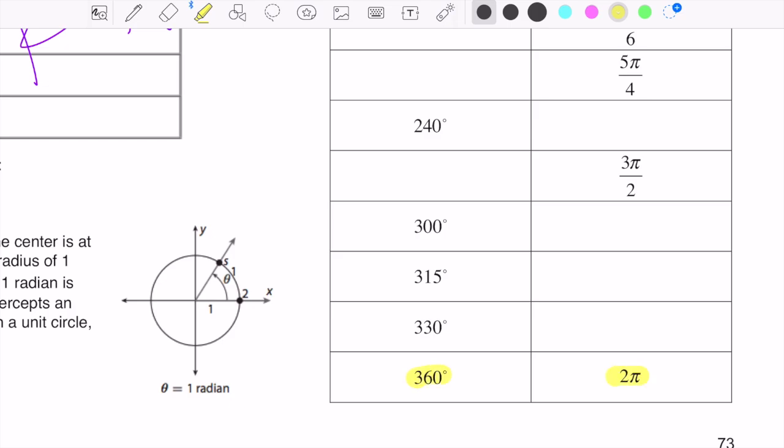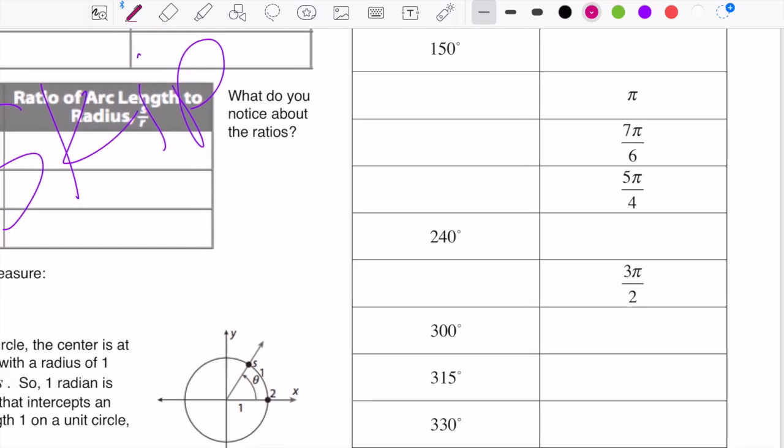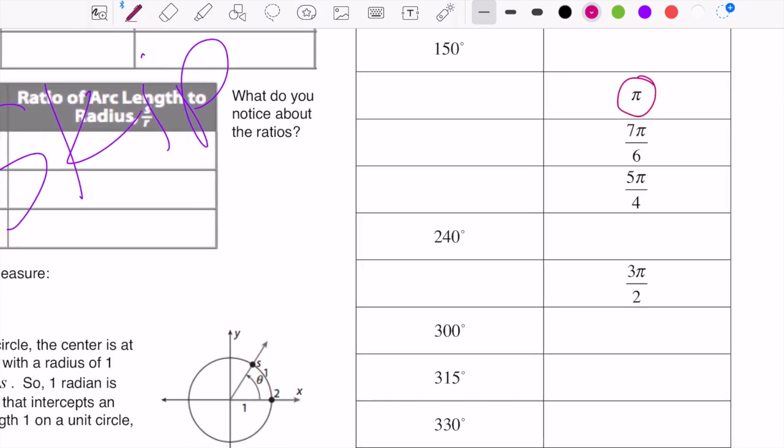So a trick you could use is, if 360 is 2 pi, and I divide this one by 2 and divide this one by 2, what would that be? Well, 2 pi divided by 2 is just pi, which is right here, right? And what's 360 divided by 2? 360 divided by 2 is 180 degrees, because if you cut the circle in half, you'll be at 180 degrees.